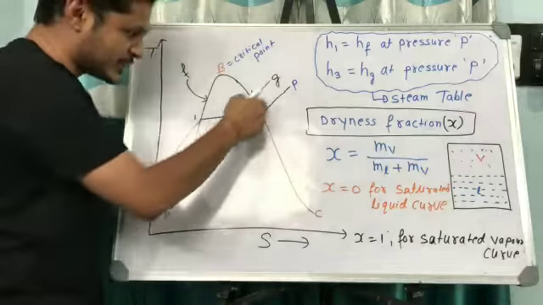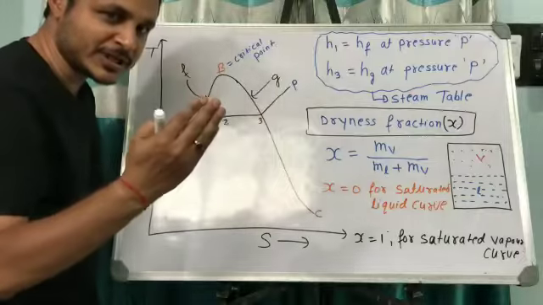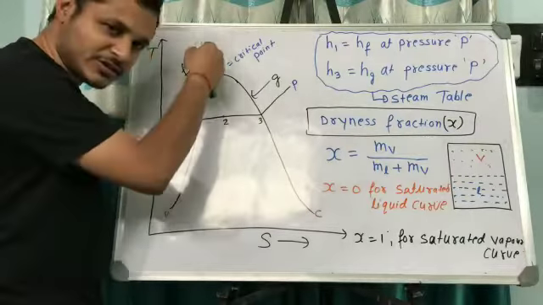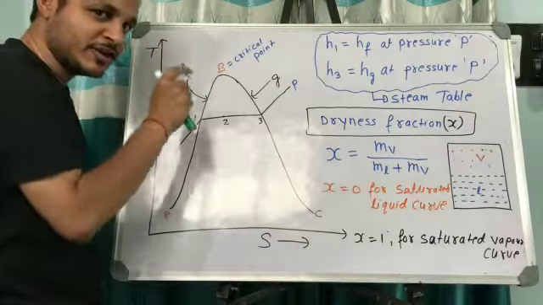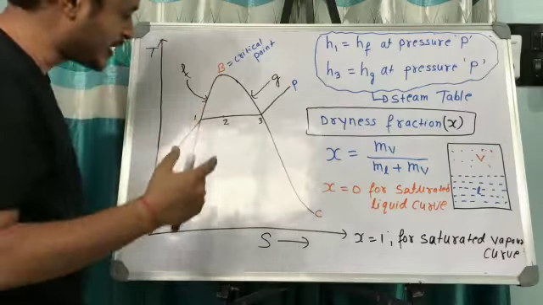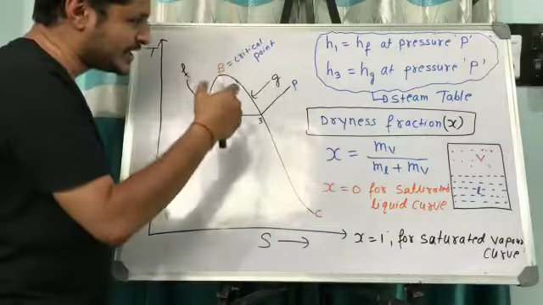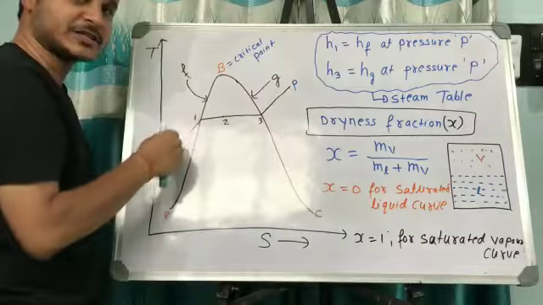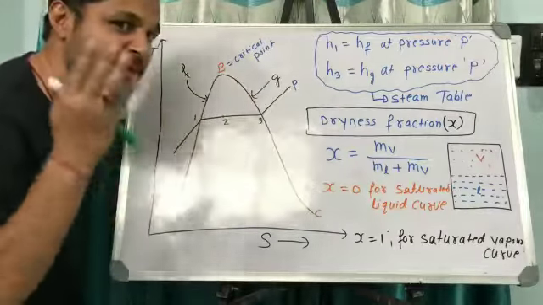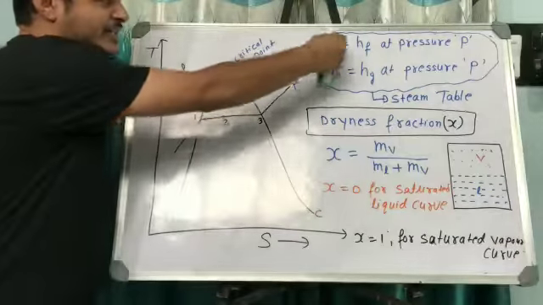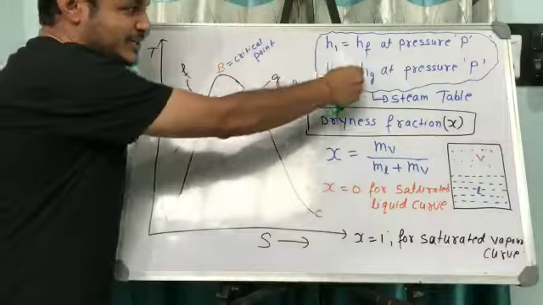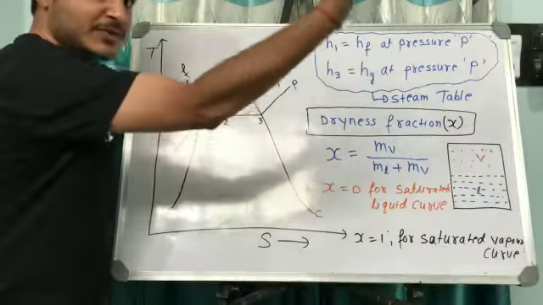You have to look at this pressure P in the steam table. There is a vertical column where pressure starts; you can see P in kPa written there. In that column you have to find this particular pressure. Suppose the pressure is 75 kPa, you will find it there. Hf will be in one column, Hg in another column, and the rest of the properties will be similar.